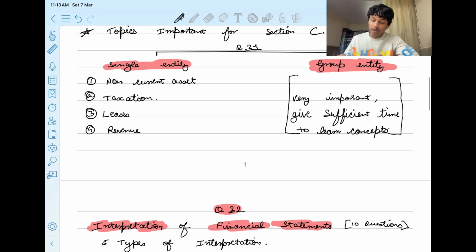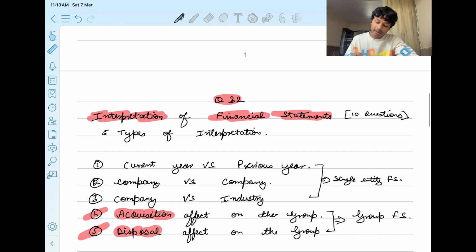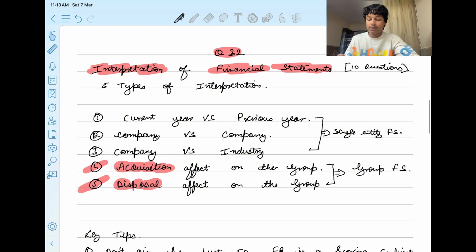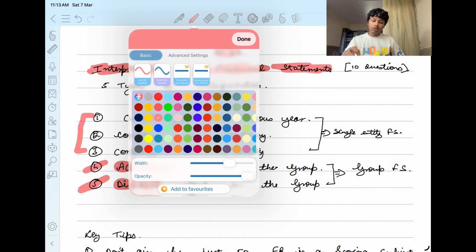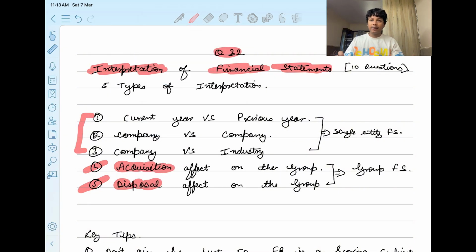Because if question number 31 is for group entity, then in the interpretation question you will likely get the question from single entity FS, okay, which means from the first three. So you can get this.